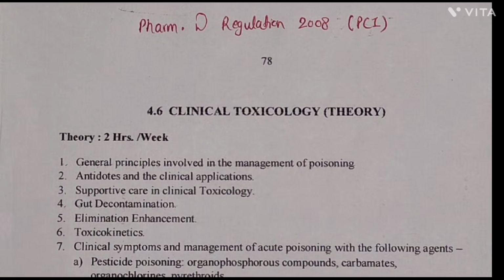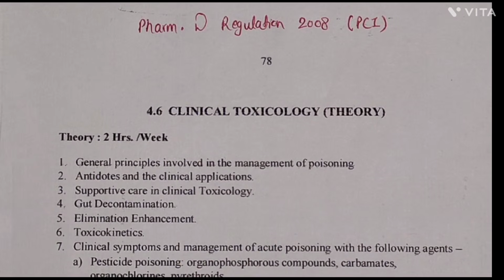Similarly, our third chapter will be supportive care in clinical toxicology, and this is one of the most important topics in our entire syllabus. Why? In supportive care there are a lot of health conditions that need to be evaluated, stabilized, and managed.